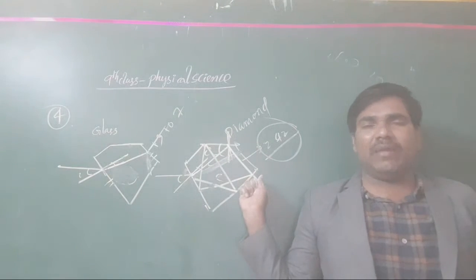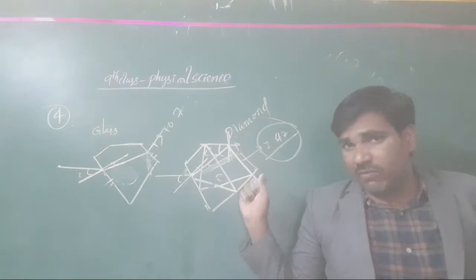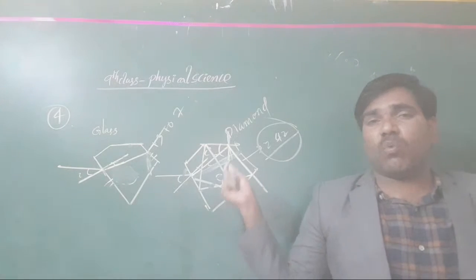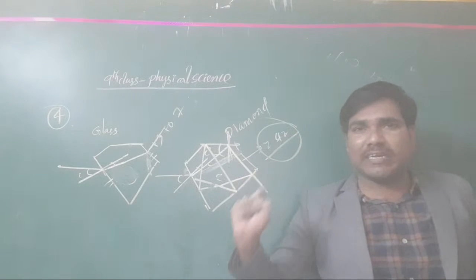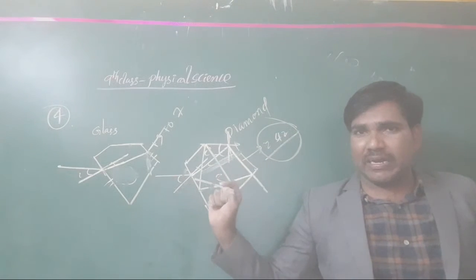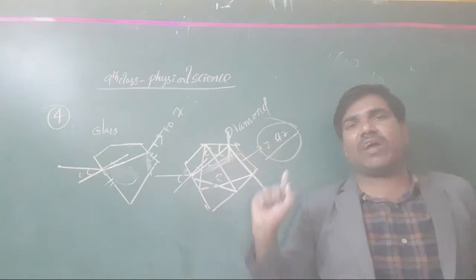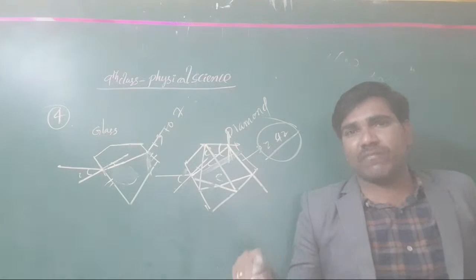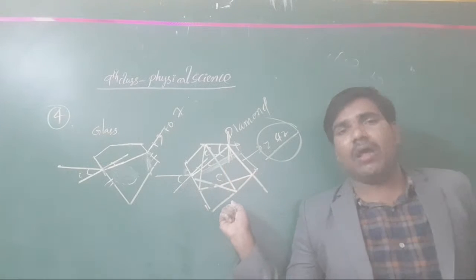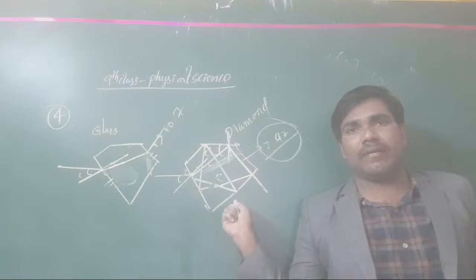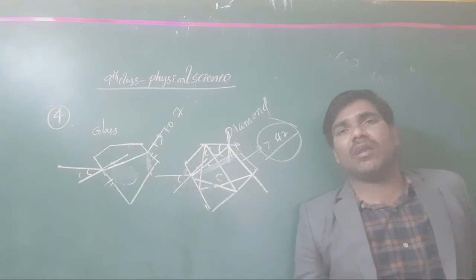But due to the high refractive index of our diamond, whatever the first refracted ray is, that is incident at the critical angle on the second refracting surface. Because of that, the light ray again enters into our diamond medium only. That is total internal reflection.